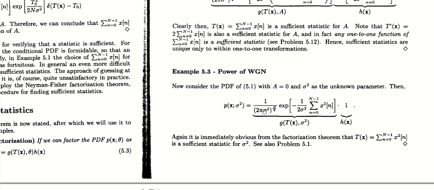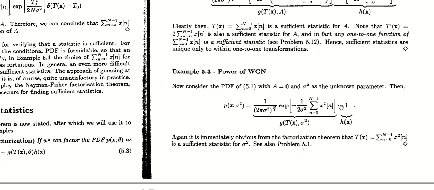Okay, so we observe there is a sigma square here, so we intend to make this term separate, and then there's a summation x squared, so you want to make this separate also. If you separate sigma square and this, you will see this as T of x, and this as sigma square, which is the parameter.